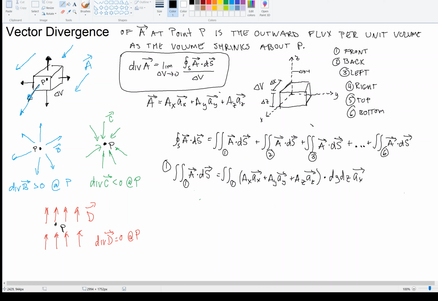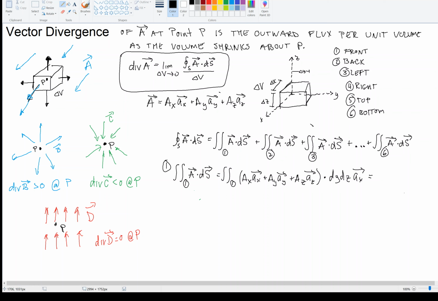All right, so I look at this dot product, and remember what we said about the dotting of the basis vectors. The only thing that's non-zero here is when I distribute the dot product into ax, because ax dotted with ax is 1, ax dotted with ay is 0, ax dotted with az is also 0.